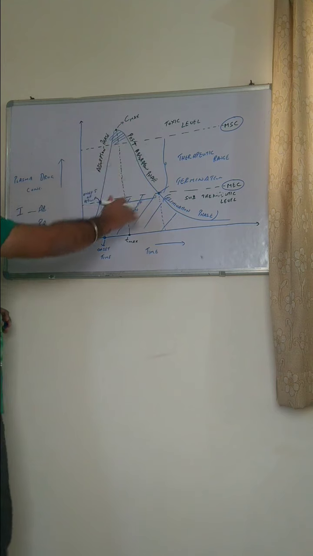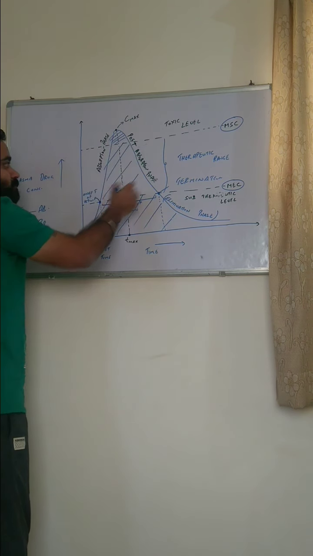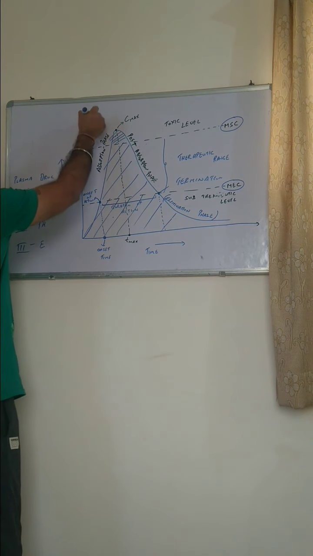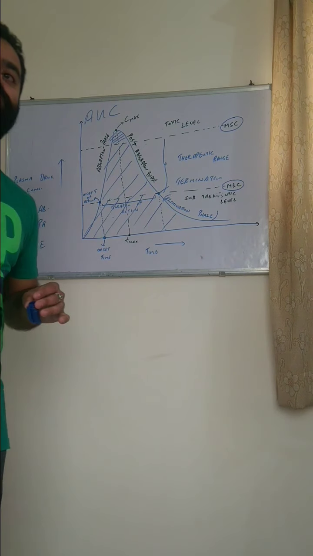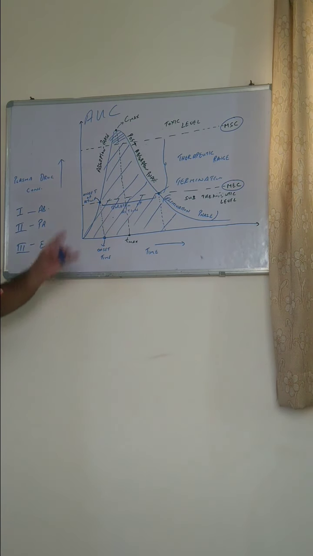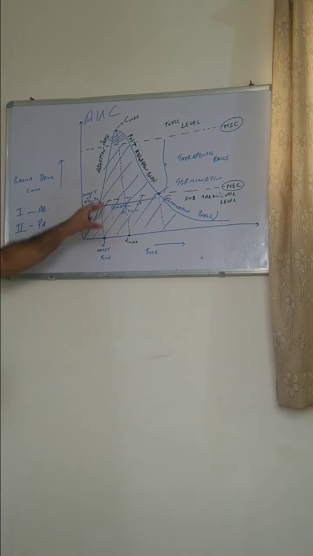Now, this whole area, including this and this area, is called the AUC. AUC is the area under the curve, which is the most important parameter to determine the bioavailability of a drug. Now, how can we determine the AUC? There are various methods which we will be studying later on. Basically, we can find out AUC by a simple graphical method, that is the trapezoidal method, in which we determine the area of all the trapezoids within this curve.